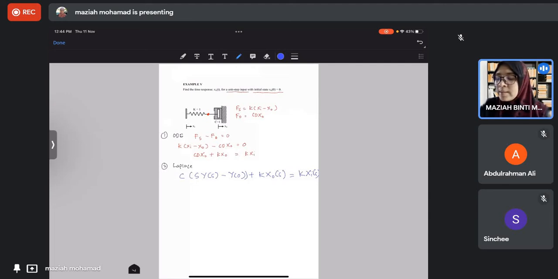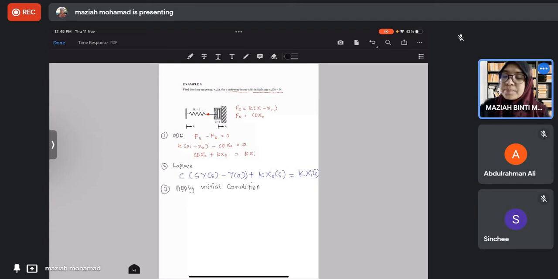Then we can apply the initial condition, and also apply all the values given there. C is 1, K is also 1, and the initial condition x naught 0 is 0.